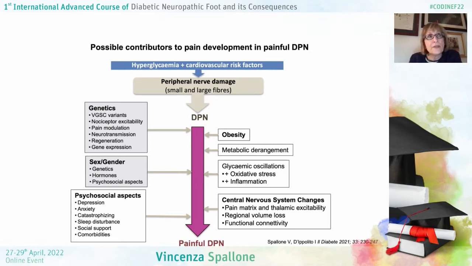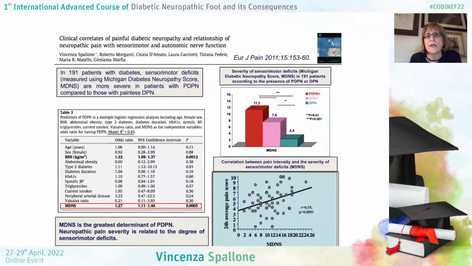It is now well recognized that it is not a problem of preservation of fibers, because as we showed 10 years ago, there is a link between the severity of sensory deficits and the development of neuropathic pain.